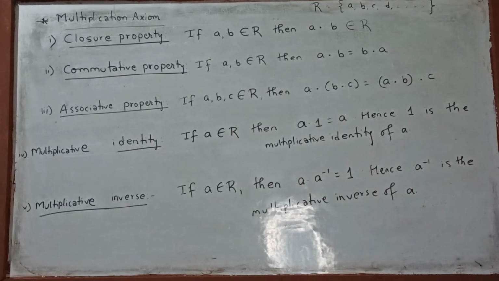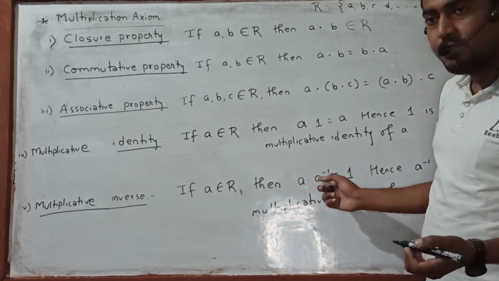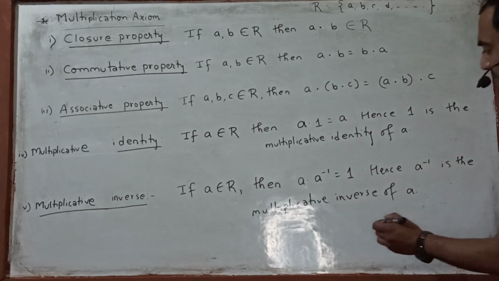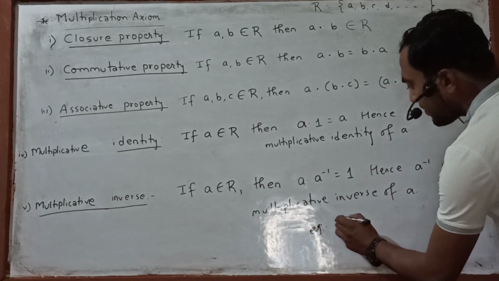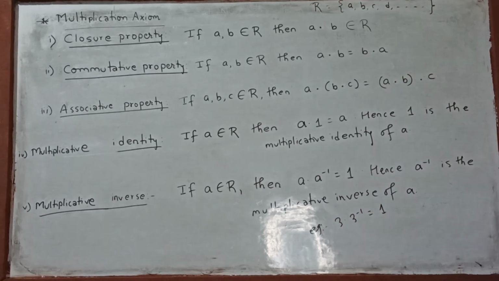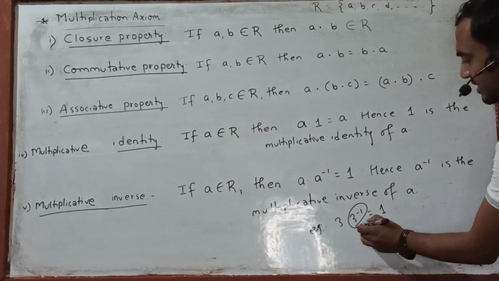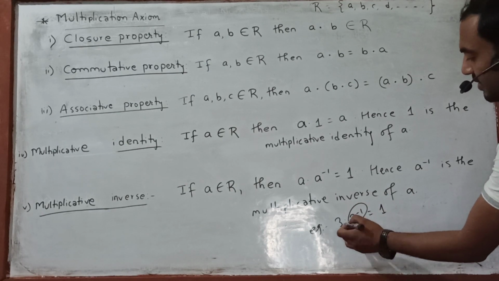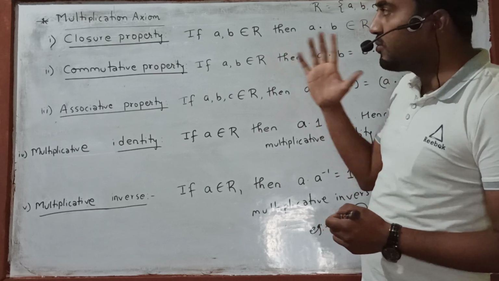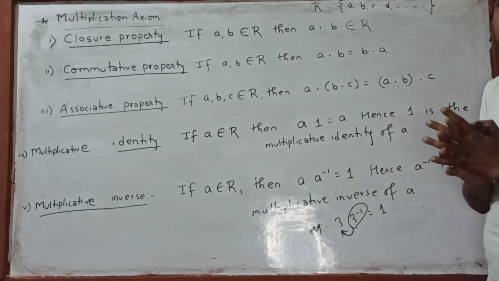Suppose you take 3, so 3 into 3 power minus 1, or you may say 1 by 3, is equal to 1. So 3 power minus 1 is the multiplicative inverse of 3. Now let us learn one more property, that is called distributive property.